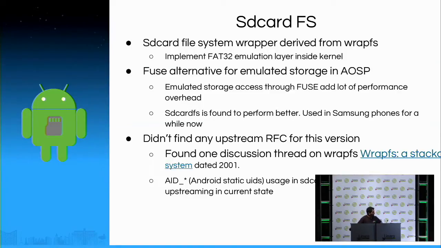So I did take a look at the code base of SDCardFS, and similar to paranoid networking, I found those Android IDs which are specific to Android user IDs. So my guess is that if paranoid networking patches did not go because of that, then this does not stand a chance either. So let's see, but at least I'm not aware of any upstream submissions for this.